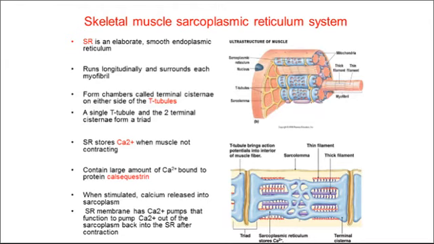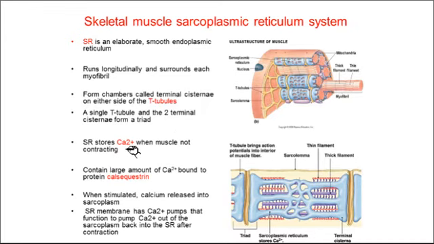The skeletal muscle sarcoplasmic reticulum system is an elaborate smooth endoplasmic reticulum that runs longitudinally and surrounds each myofibril, forming chambers called terminal cisternae on either side of the T-tubule. A single T-tubule with two terminal cisternae forms a triad.